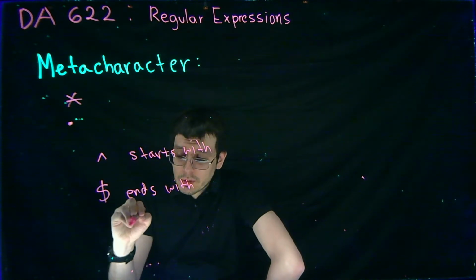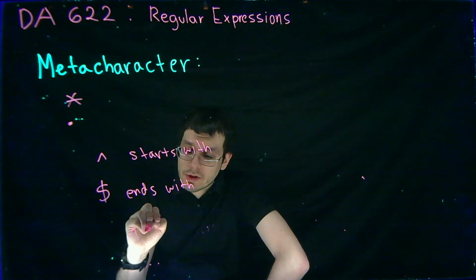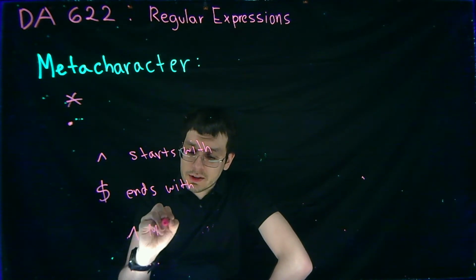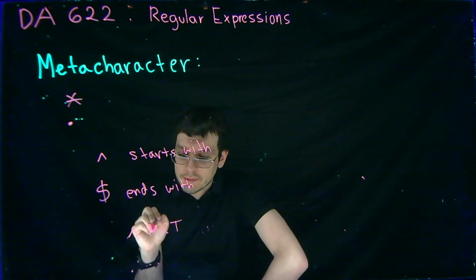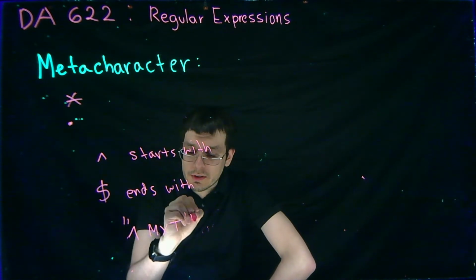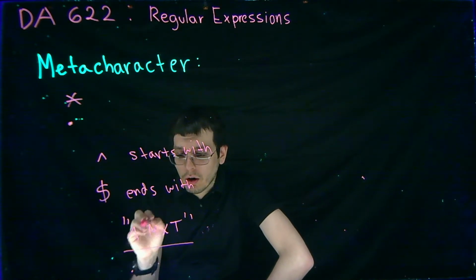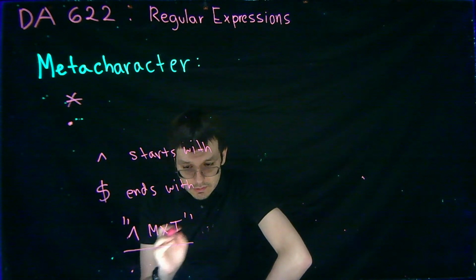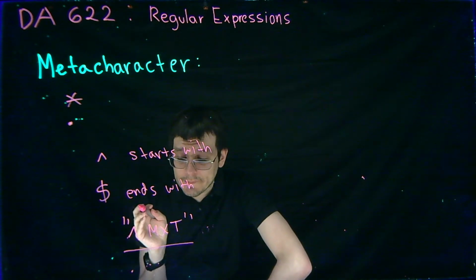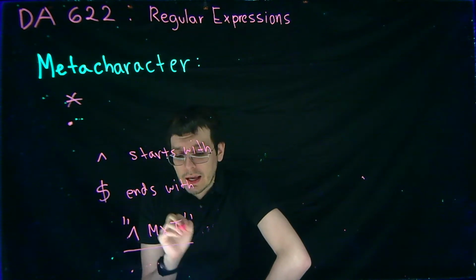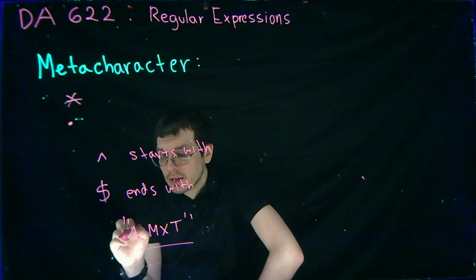So for example, if you wanted to find all strings that start with the word mxt, like all serial numbers, then you could write something like this. This would look in a string for all the sentences that actually start with this. And how does it separate the string into pieces? With white space.